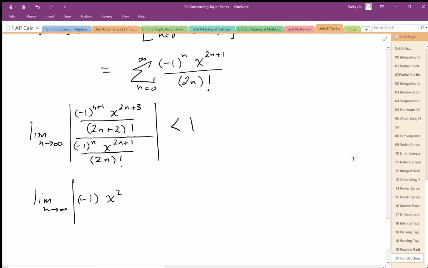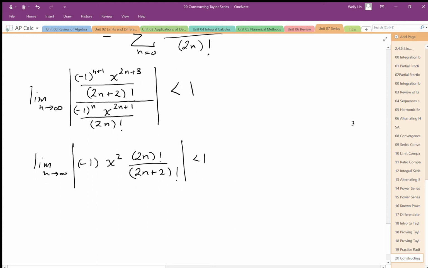And then the factorial parts, we're going to end up with 2n factorial on the top and 2n plus 2 factorial on the bottom. Now to simplify the factorial parts, we just have to make sure we understand the number of factors involved. There's 2 extra factors here.